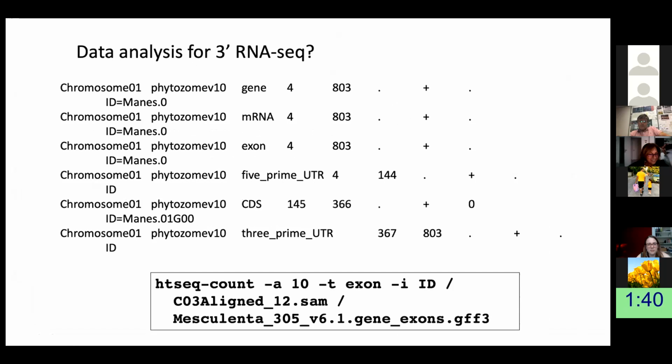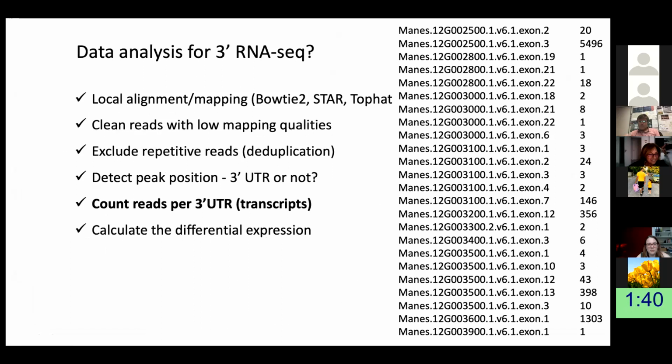We are using a HTSeq count for this approach, and we were first reading the hits in exons. This is just an example where you see always the highest exon, or almost the highest exon, has the high counts, which is an indication that most of the peaks are at the right position at the end of the last exon.